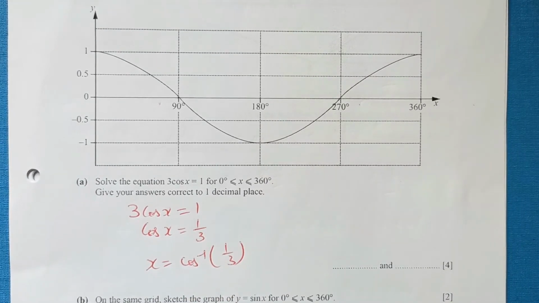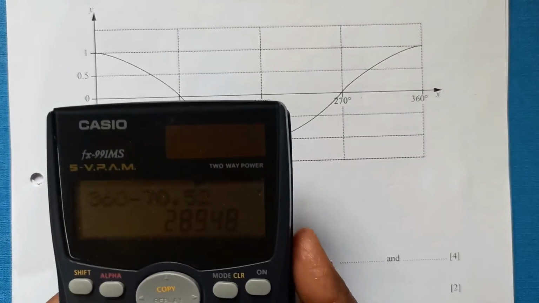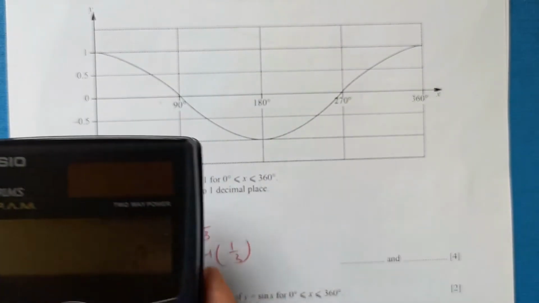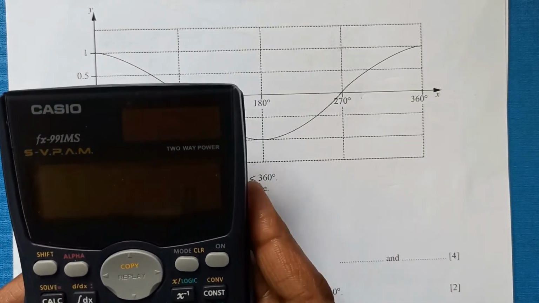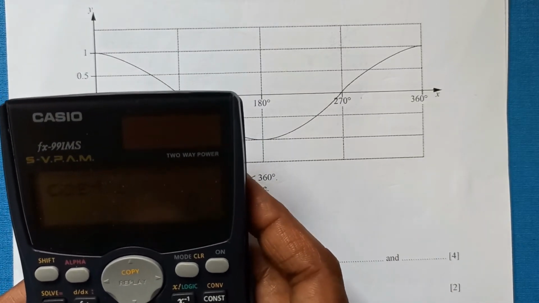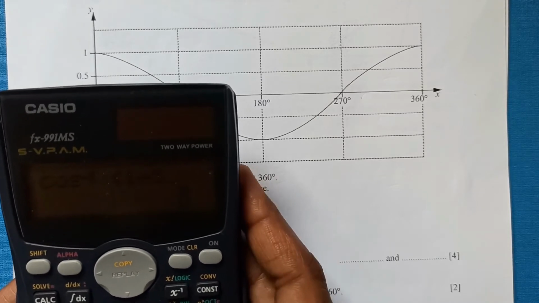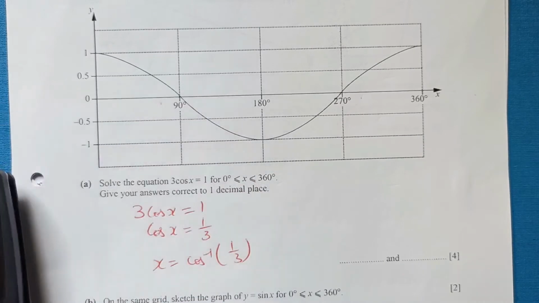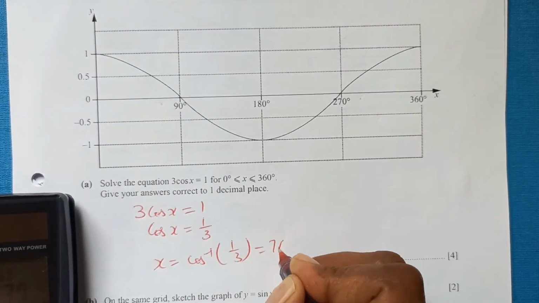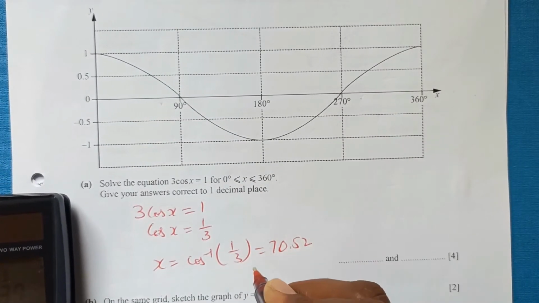We can use a calculator for this: shift cos, 1 divided by 3. This is 70.52.